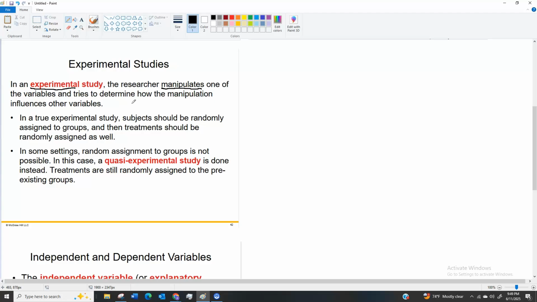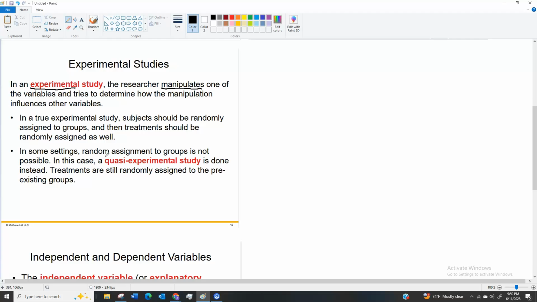from the manipulation. So in a true experimental study, subjects can be randomly assigned a group, and then treatments should be randomly assigned. We'll talk about what a treatment is here in a minute too. So you have your subjects, you have a treatment, and then you have the researcher manipulating the treatment. Sometimes random assigned groups is not possible, and in that case they do what's called a quasi-experimental study.